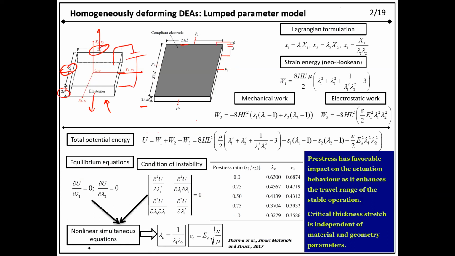The volume of this element in the undeformed configuration, when there is no external force, is 2L times 2L times 2H, that is nothing but 8HL square.